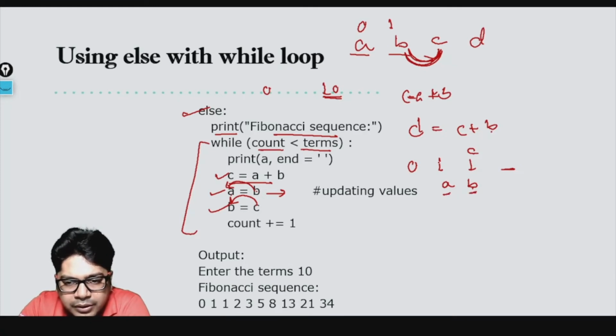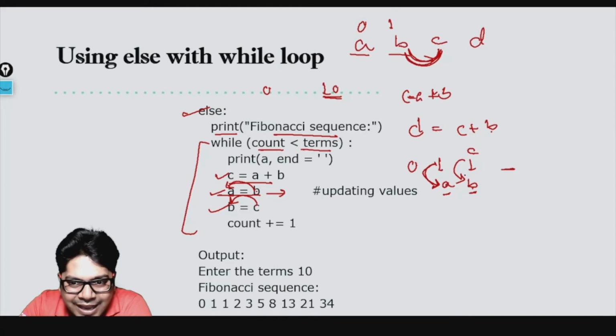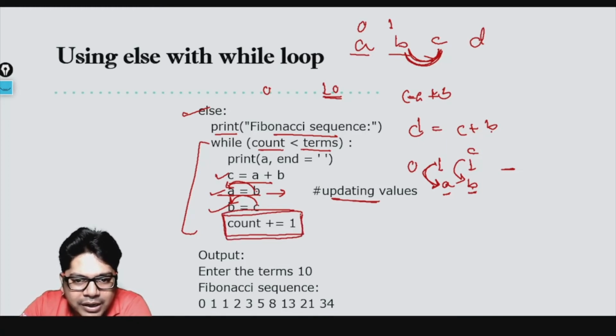So my b is becoming a, and my c is becoming b. This is what I'm doing. Sorry, I am also confused by saying it. My a is becoming b, and my c is becoming b. That is the reason I am interchanging and updating the values, and increasing the counter at the same time, so that we can get the Fibonacci series.